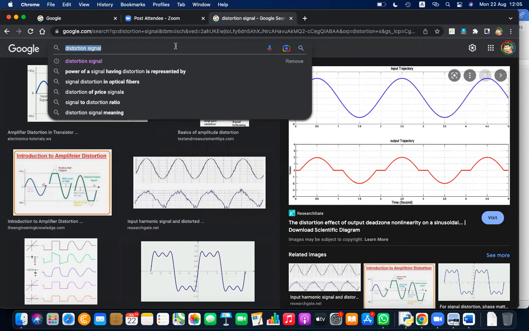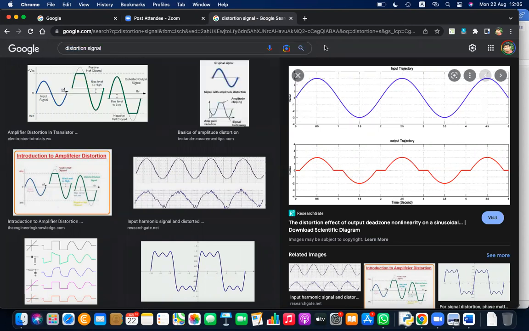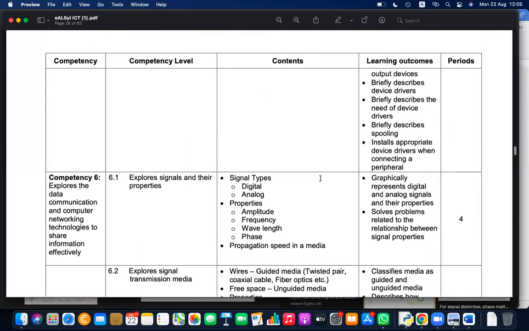If there are any unexpected signals present, they are called noise. Now you have a clear idea about these basic properties.